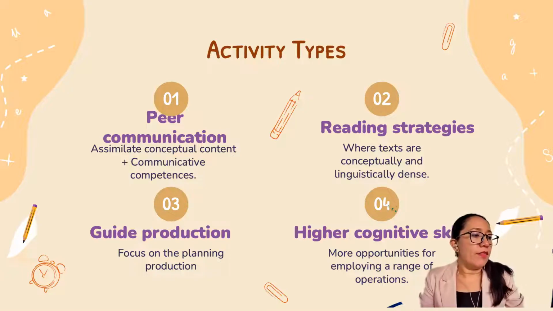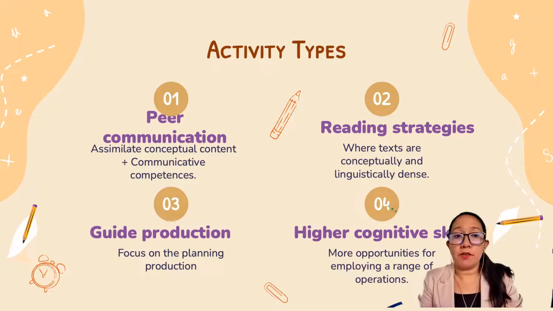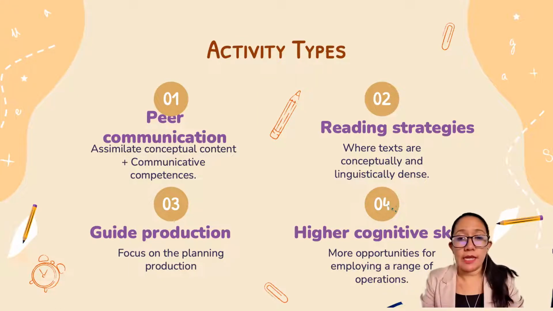Activity types. There appear to be 4 basic types of activity. The first one, pure communication. It assimilates conceptual content plus communicative competences. Second, reading strategies. These are activities to help develop reading strategies where texts are often authentic and are conceptually and linguistically dense.